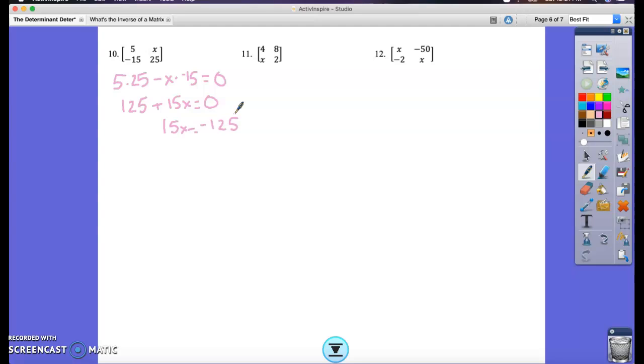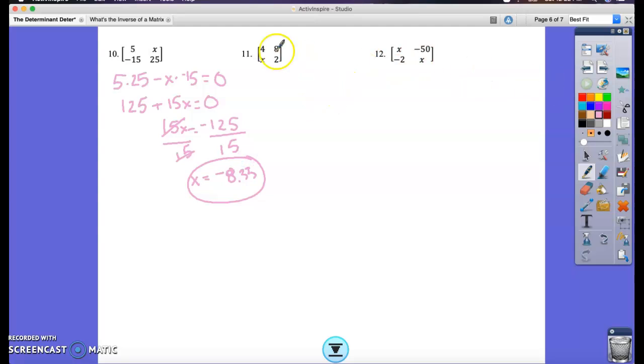I could just divide by 15 on both sides and leave it like this. Or I could go to my calculator real quick. And I could see negative 125 divided by 15 is negative 8.33 repeating.